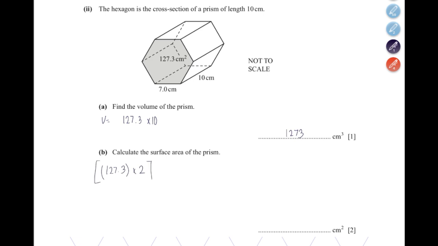Plus we have these side rectangles, and we have 6 of them. So we'll multiply 6 times this is 10 and this is 7. So 10 times 7, and we get 674.6.